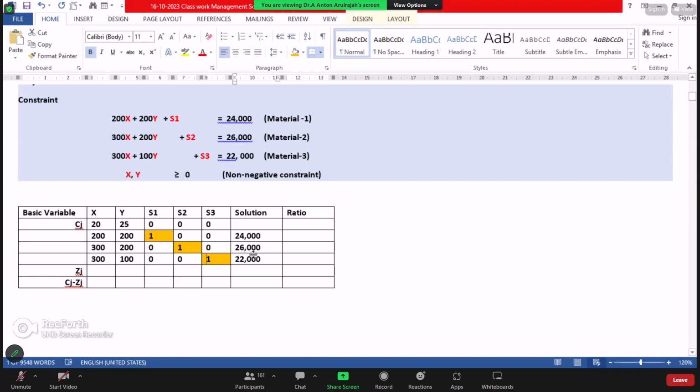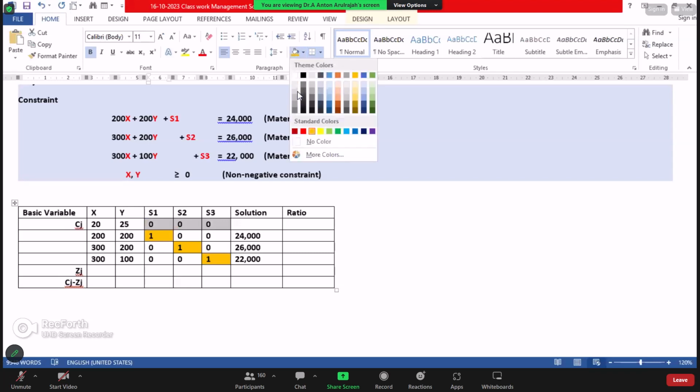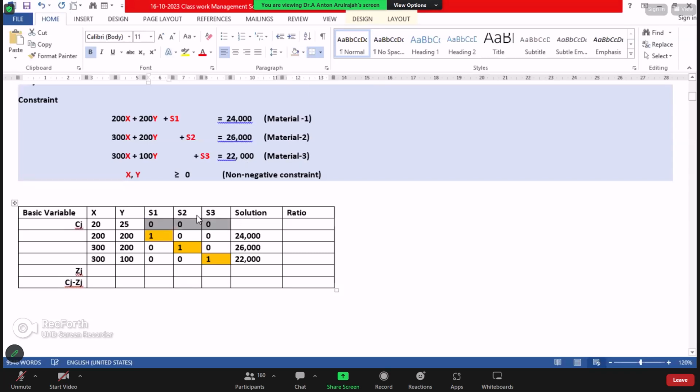This one is representing material 3. In the other places you see zero values because there is no value for those. So therefore it's taking 0. Okay, so please try to understand.